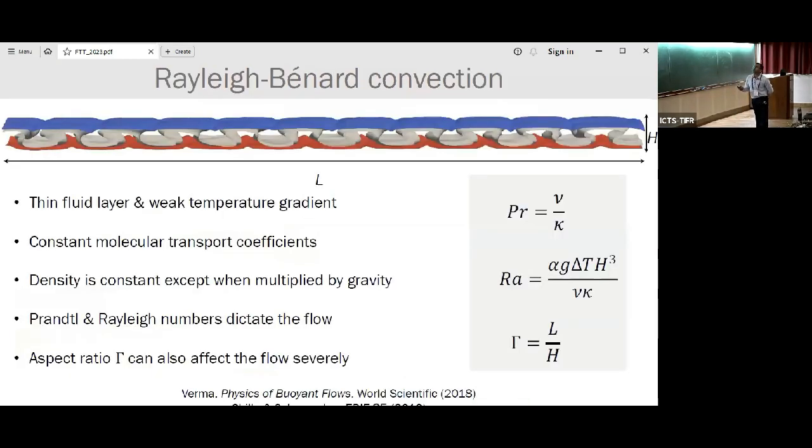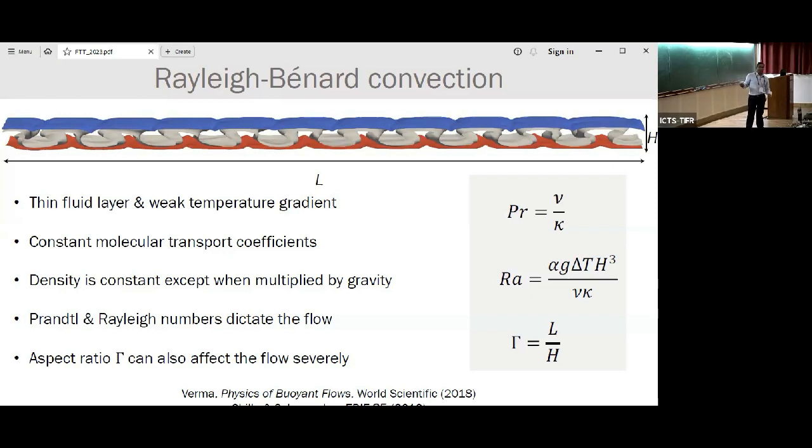I'm also going to show data from the Boussinesq Rayleigh-Bénard convection model. For instance, here, this is a channel of length L, much larger than the depth of the fluid. If you are not very far from the onset of convection, then a series of parallel rolls can be observed.